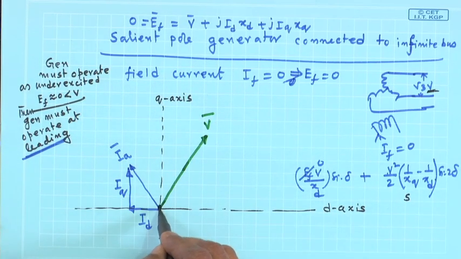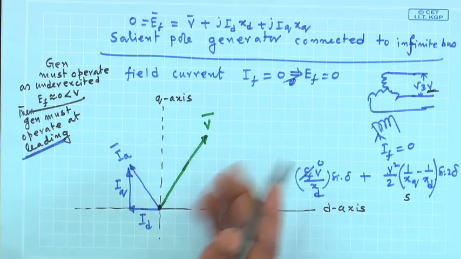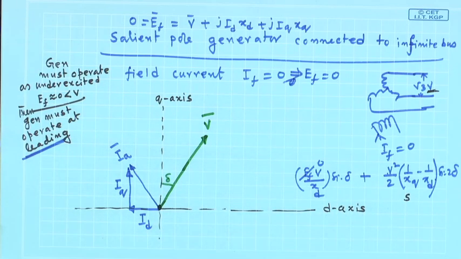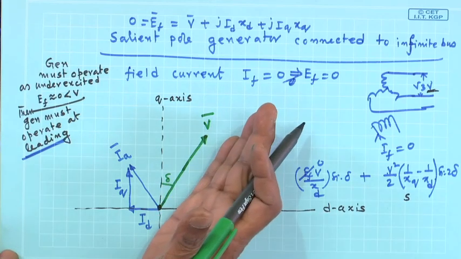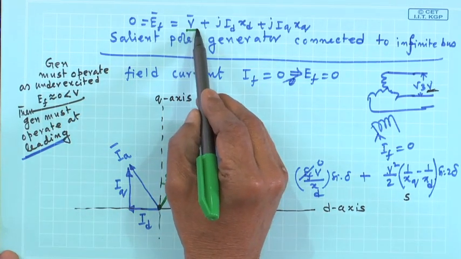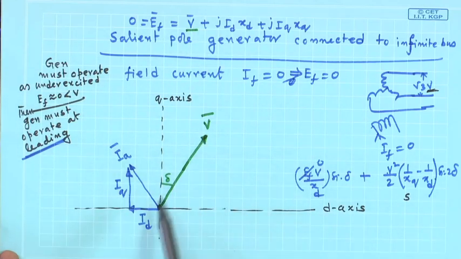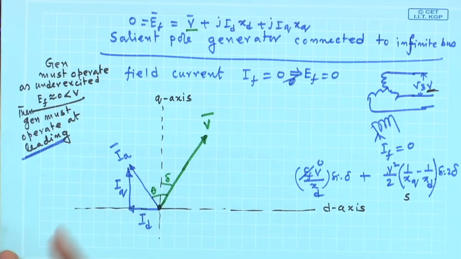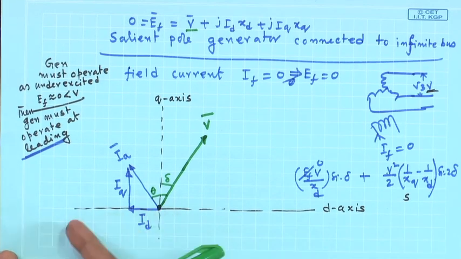Very small, 0 here along the Q axis, and this angle I will still call delta. IF equal to 0 is a special case of excitation. So, this will be your VA. Then in generator mode, the moment I get VA and I got IA, this must be the power factor angle at which the machine must operate, and this is ID.